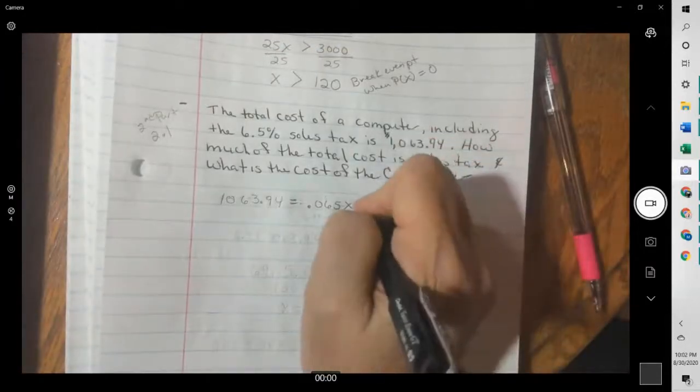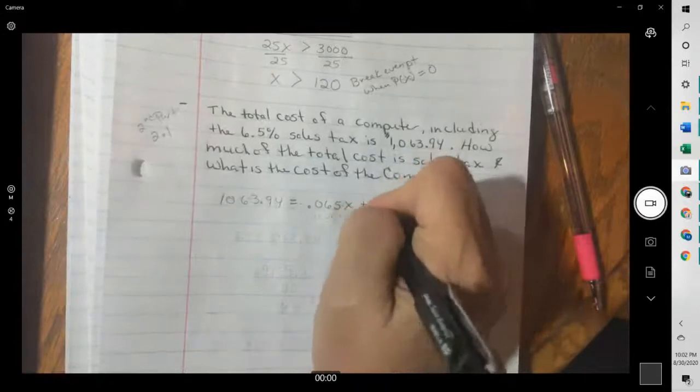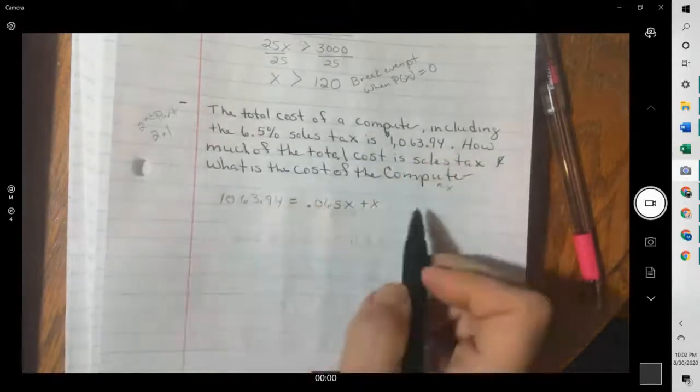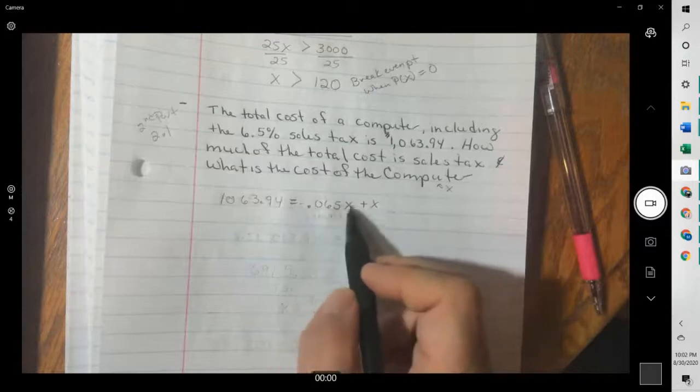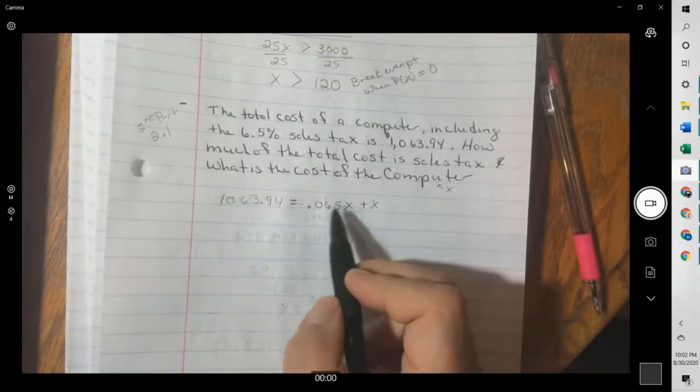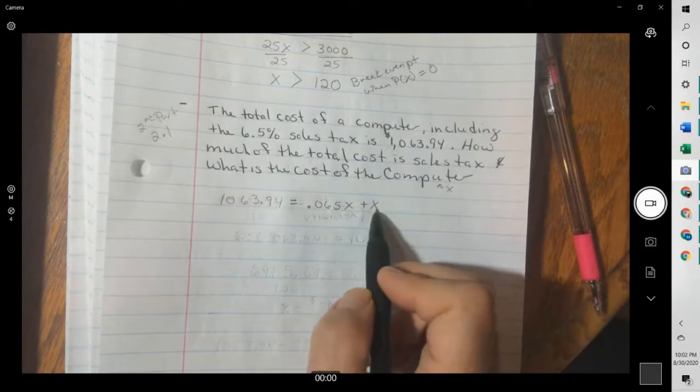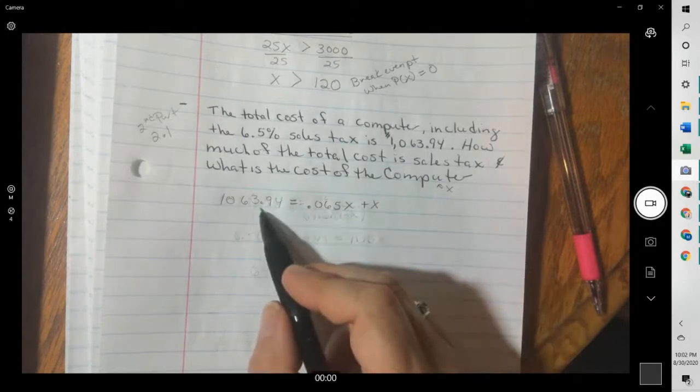And then we would add this to the computer price to get the total. So we have the computer price plus the tax, because this gives us our tax. The computer's cost times the tax plus the computer price gives us total.